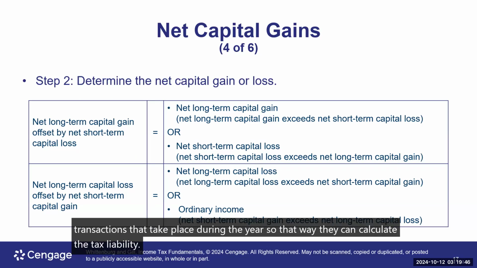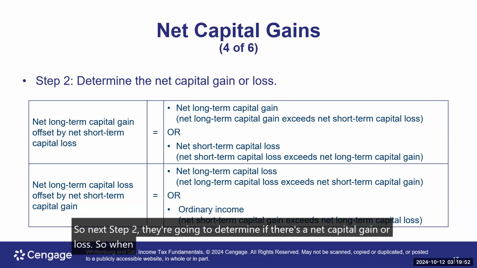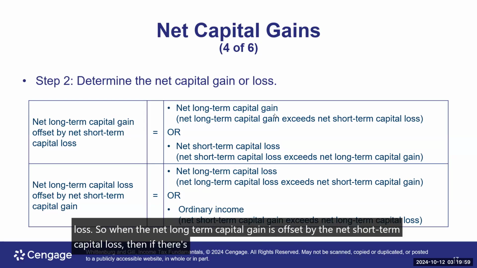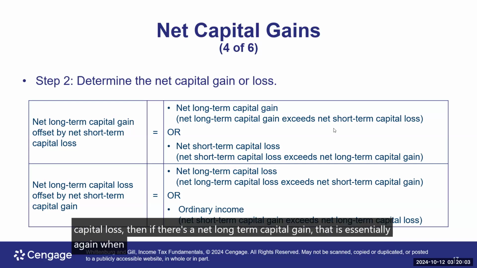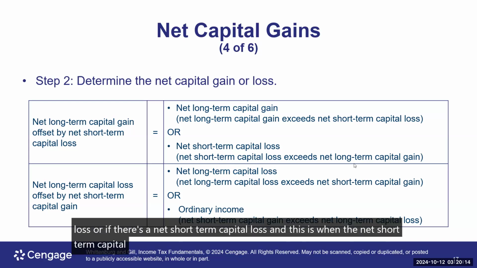So next, step 2, they're going to determine if there's a net capital gain or loss. When the net long-term capital gain is offset by the net short-term capital loss, then there's a net long-term capital gain, that is essentially, again, when the net long-term capital gain exceeds the net short-term capital loss, or there's a net short-term capital loss, and this is when the net short-term capital losses exceed the net long-term capital gains.